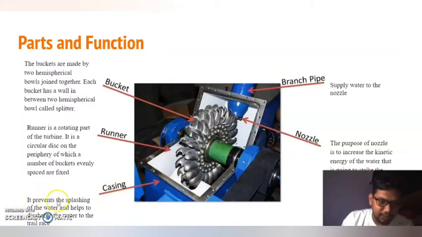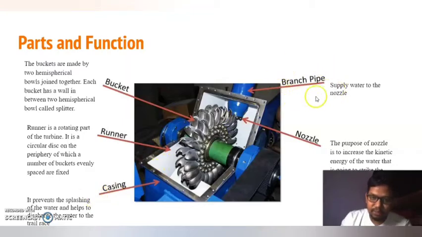It prevents the splashing of the water and helps to discharge the water to the tailrace. It is also for the safety of the user, to avoid water splash. The casing is made from steel for better strength.